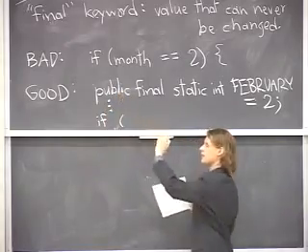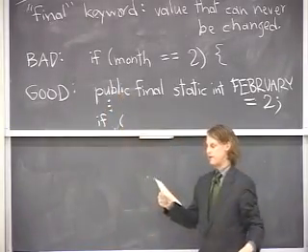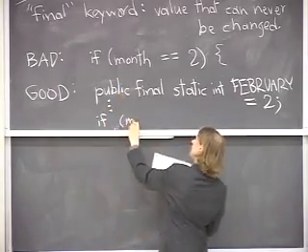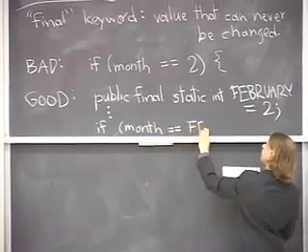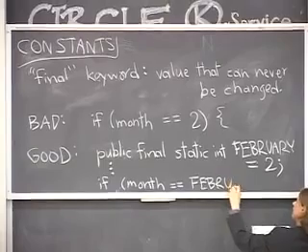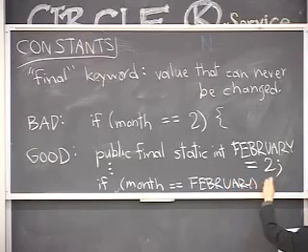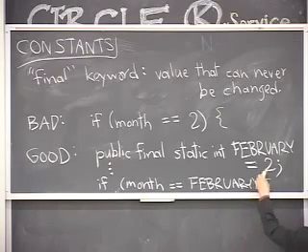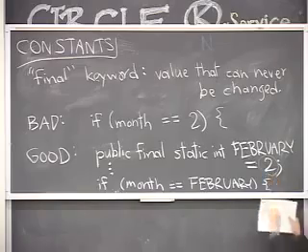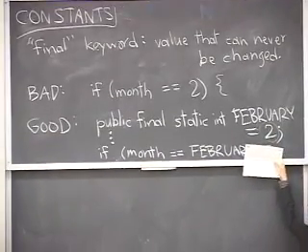This is at the top of your class. This is inside some method way further down. The right thing to do is say if month equals February, then do something. And the reason this is the right way to do things is if you ever decide that February needs to be 1 instead of 2, you only have to change your code in one place instead of hundreds of different places.